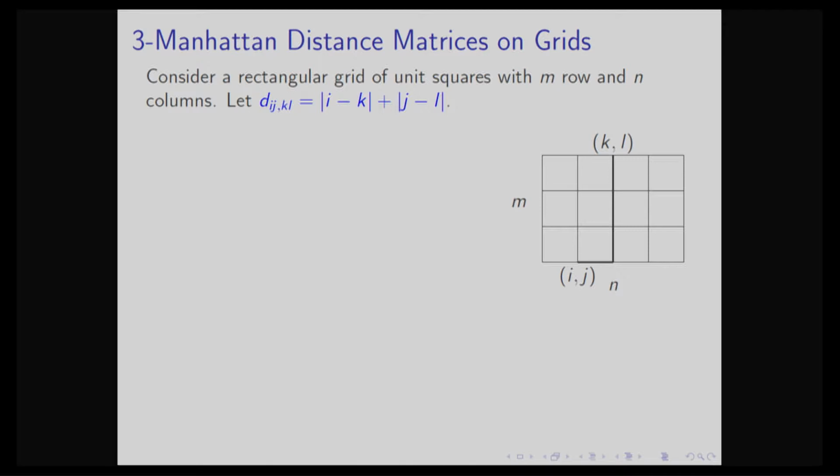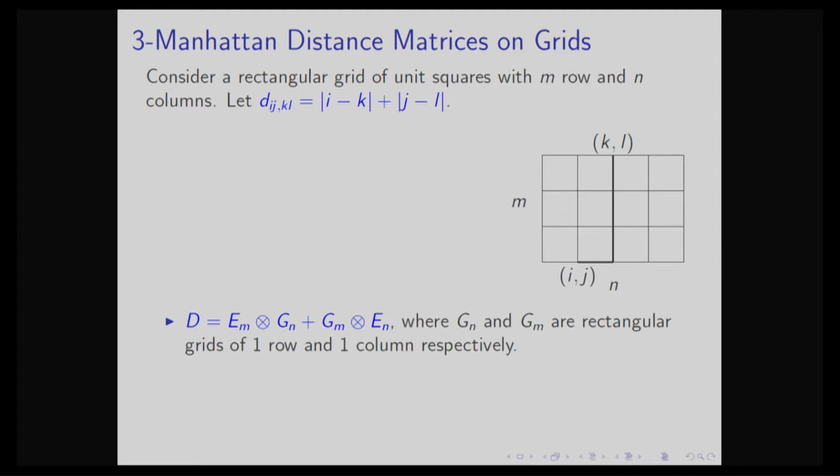Okay, here is the third class of spherical EDMs: Manhattan distance matrices on grids. Here, if you have a rectangular grid of unit squares, with n rows and m columns, then you measure the distance between (i,j) and (k,l) to be the Manhattan distance, given in this manner. So the matrix D is going to be nm by nm.